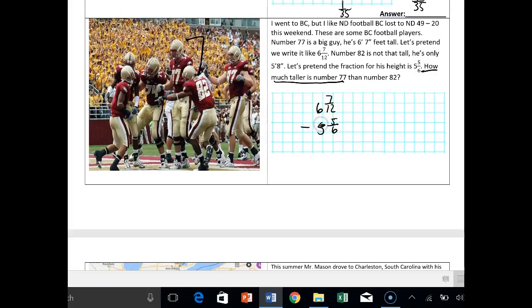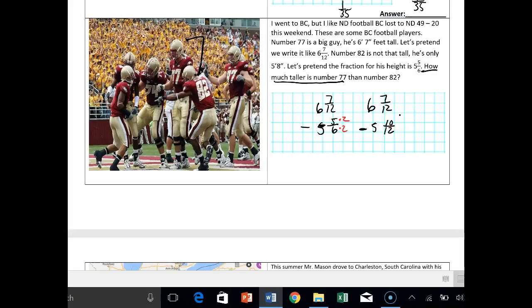So common multiple, put your finger on 6, finger on 12, go across. 12 is the common multiple, so I do nothing with this one, and go times 2 on this one. So I get 6 7/12 minus 5 10/12. Uh-oh, wait a second. This is difficult. I can't do 7 minus 10 because 7 is smaller than 10.